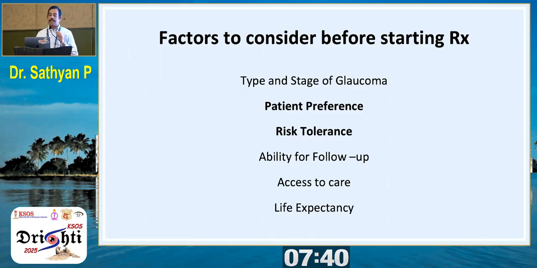The second factor is, once you establish the glaucoma, you need to understand what is the stage of the disease that the patient has and what is the patient's preference. How many times have you ever asked the patient, are you willing to use the medication? We are all only the masters.